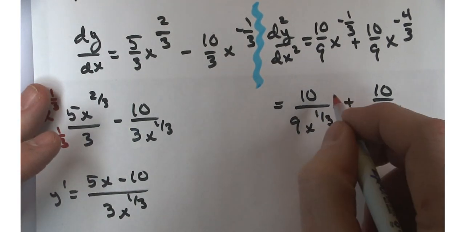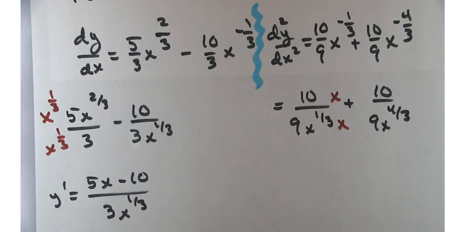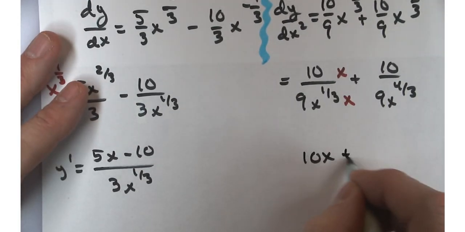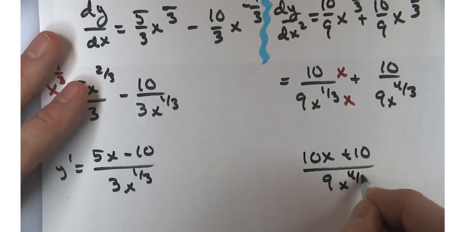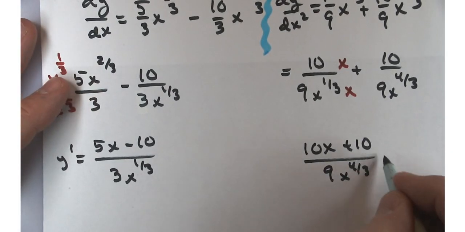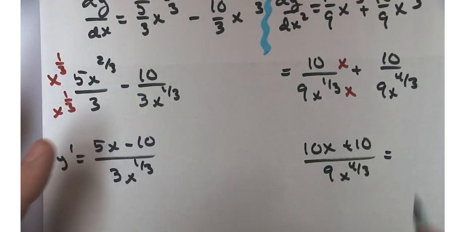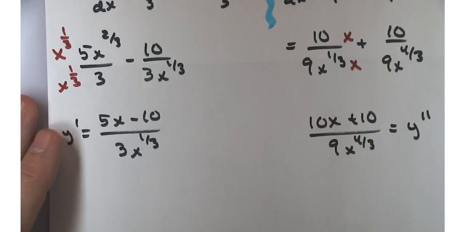So multiply by x over x, and that's going to give me 10x plus 10 over 9x to the 4/3. So one way or another, you're going to need to arrive at this conclusion for your first and second derivatives.